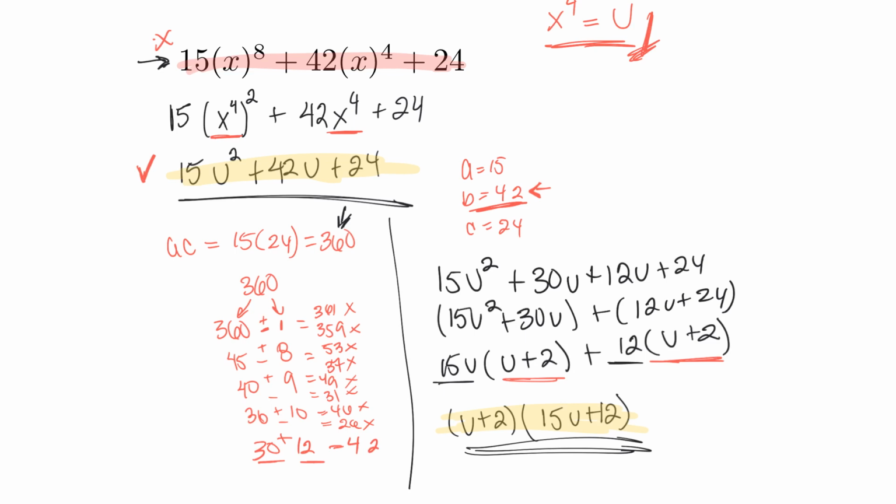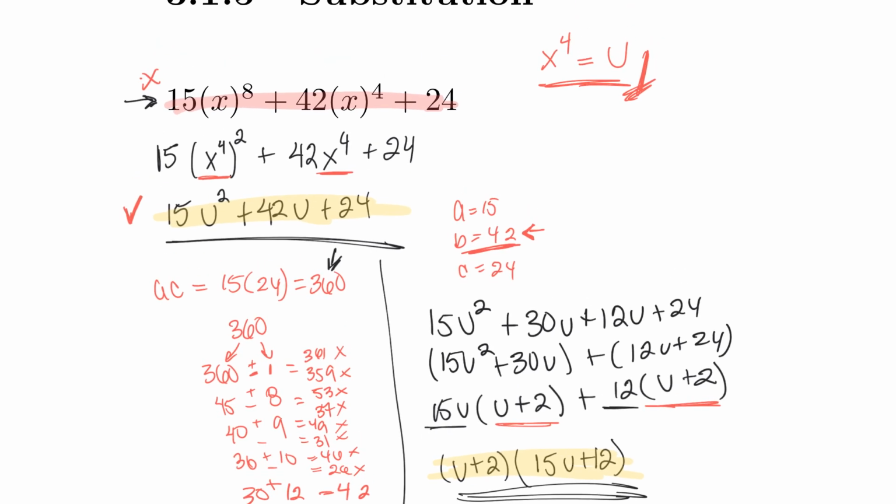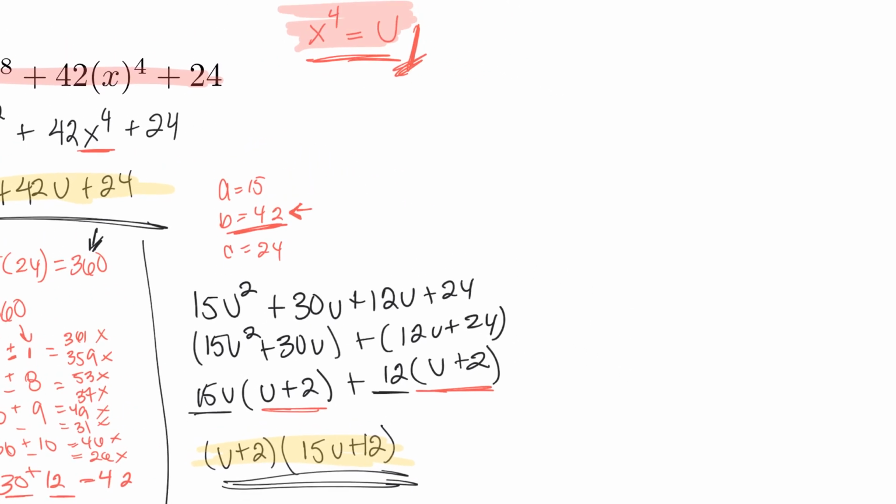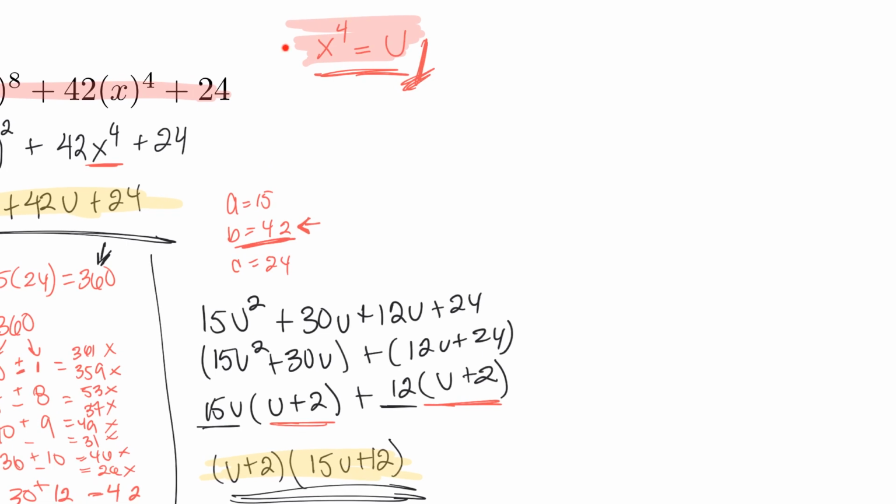So we take our substitution, x to the fourth is equal to u. So now wherever we see u, we write x to the 4. Remember, before, wherever we saw x to the 4, we wrote u, but now we have to reverse this factorization. So now wherever we see u, we write x to the 4.